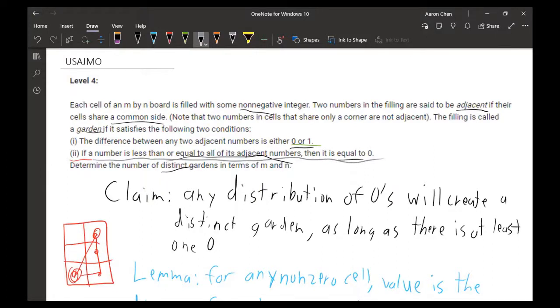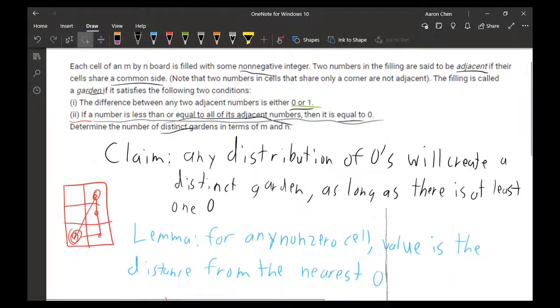The reason being that if we take the smallest value among all of the integers, then this number is always less than or equal to all of its adjacent numbers, and by condition 2, that must be 0. But if we go by the assumption that there are no zeros, then this is obviously a contradiction. And so there has to be at least one zero.